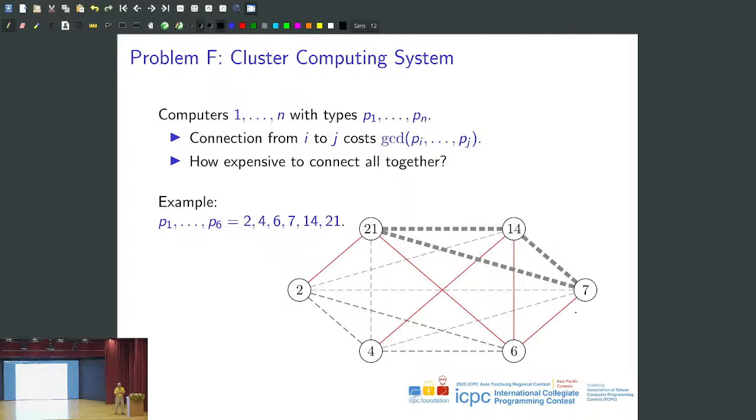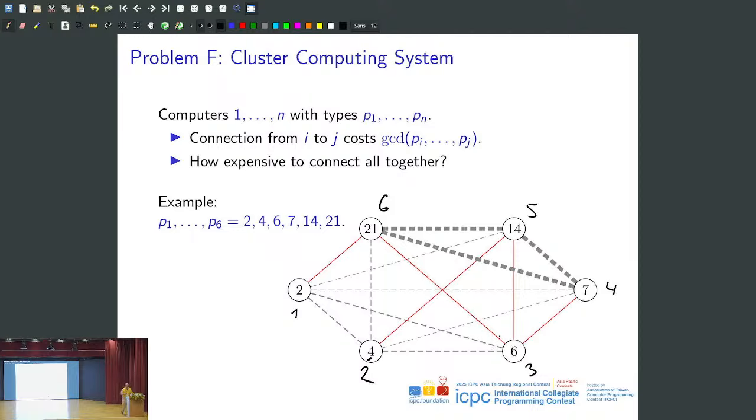So for example, this connection here, what cost does it have? It's not the GCD of 21 and 6, it's the GCD of 6, 7, 14, 21, because these computers are 1, 2, 3, 4, 5, 6. So this edge has a cost of the GCD of 21, 14, 7, 6, and this is just 1. So it's very cheap.